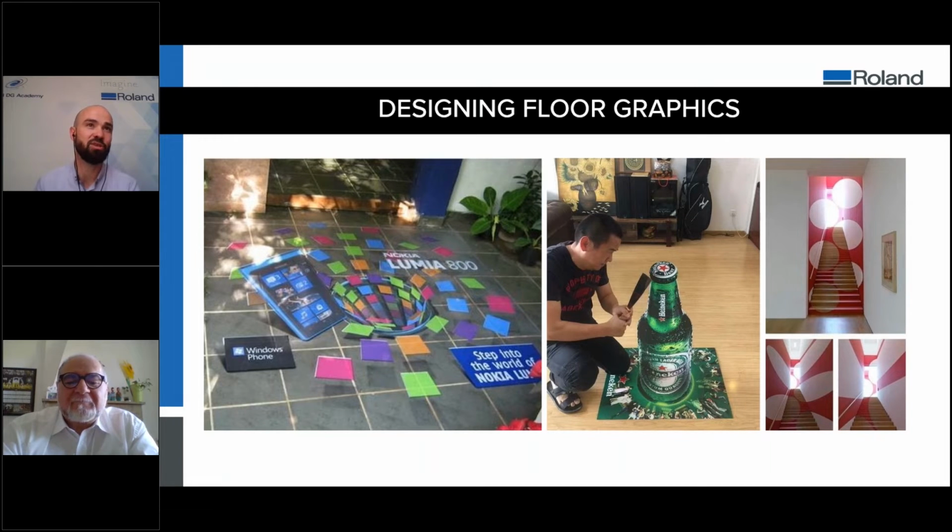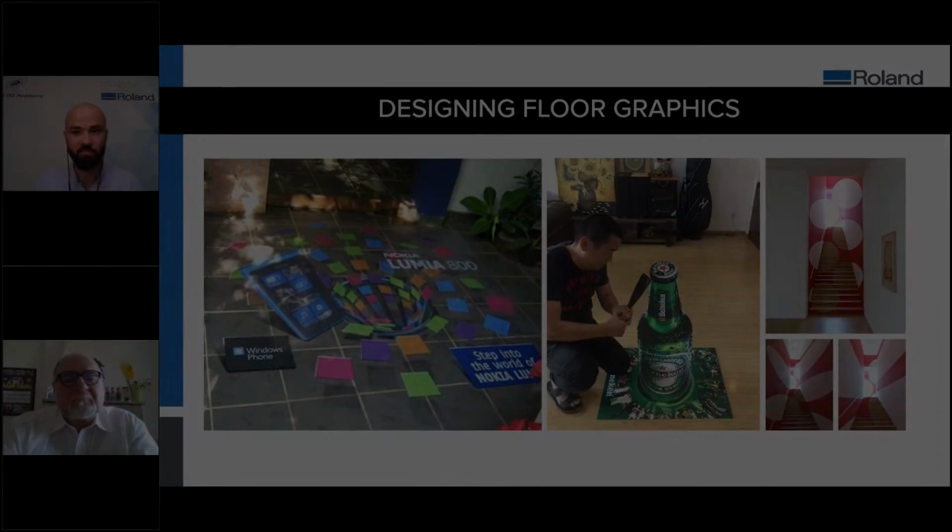As you can see on that image on the left-hand side, adding a drop shadow to your graphics to really make them stand out. And then all the way up to full anamorphic graphics, like that red circular graphic on the right-hand side there, which is utilizing floor, wall, and ceiling graphics to create an illusion from a specific viewpoint.